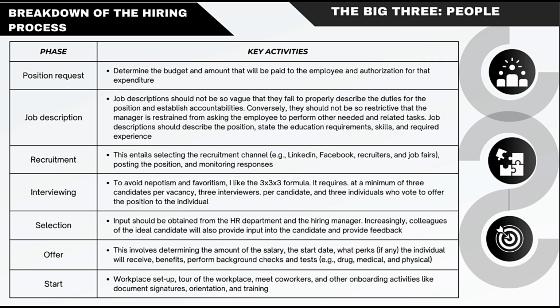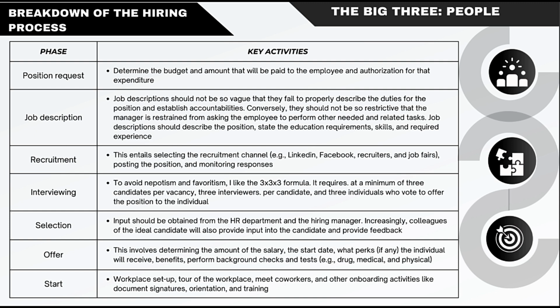And authorization for expenditure is the last key activity involved. Before proceeding with the hiring process, authorization from relevant stakeholders or decision makers is required to approve the expenditure associated with filling the position.